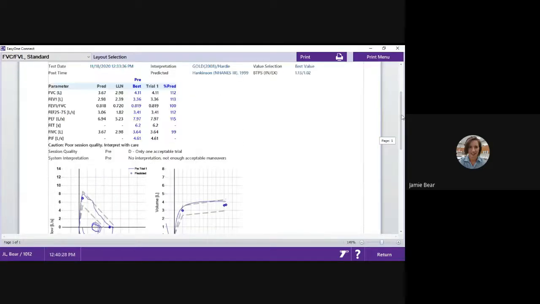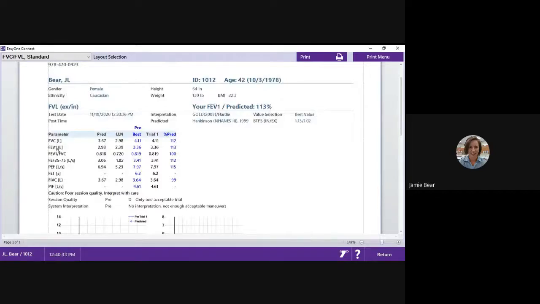Once again, FVC should be greater than 80%, FEV1 should be greater than 80%, and then that ratio, according to the NBRC from ATS standards, should be greater than 70%.